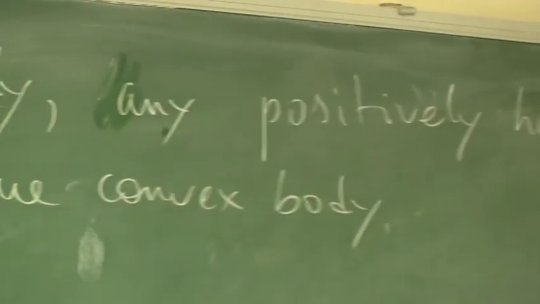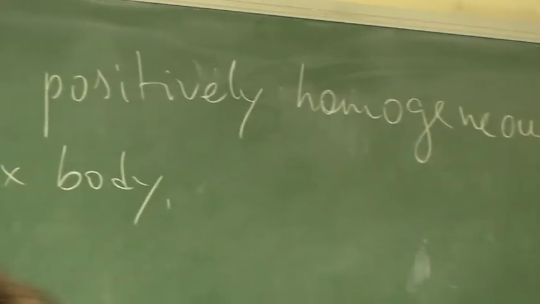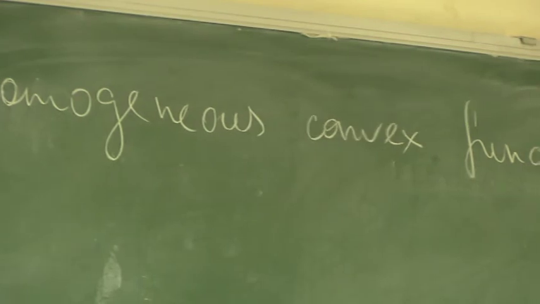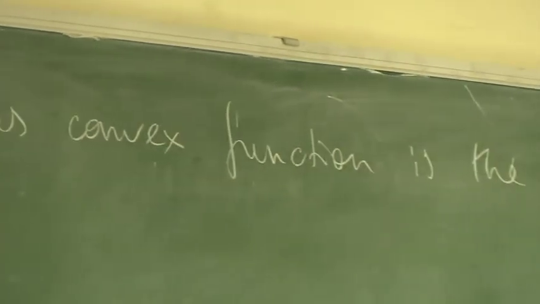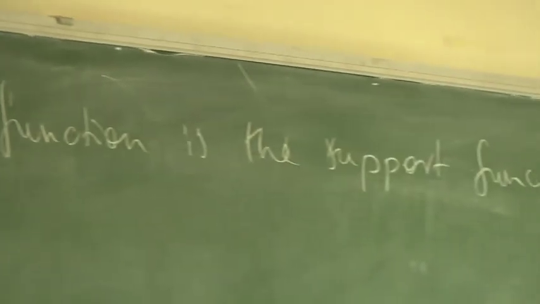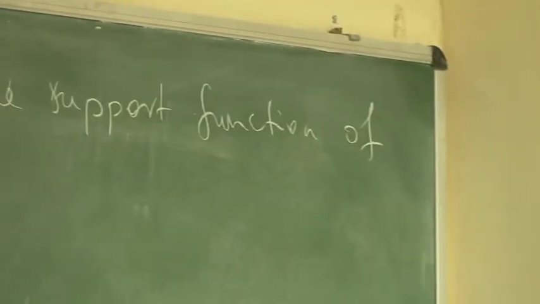By the way, note that I'm not saying that the function h is non-negative itself, right? I only say that it's positively homogeneous, but the values of h can be negative, like in this picture.